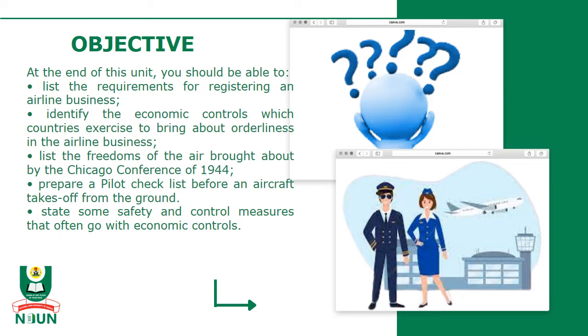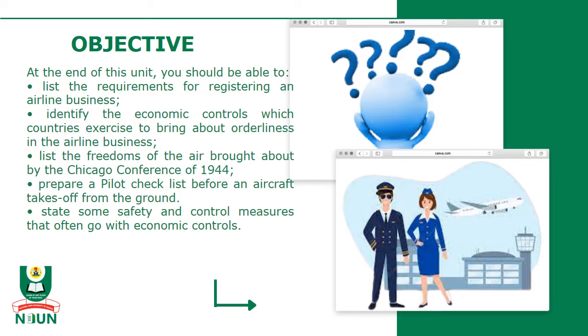The objective of this study is to list the requirements for registering an airline business, likewise to identify the economic control which countries exercise to bring about orderliness in the airline business.